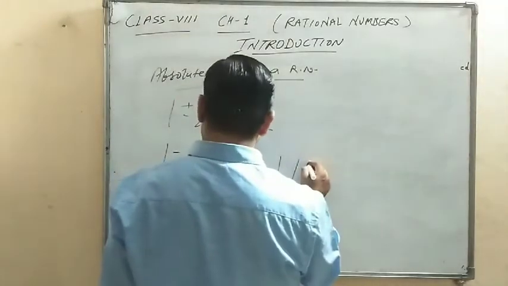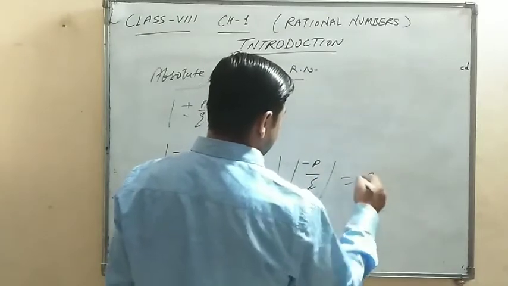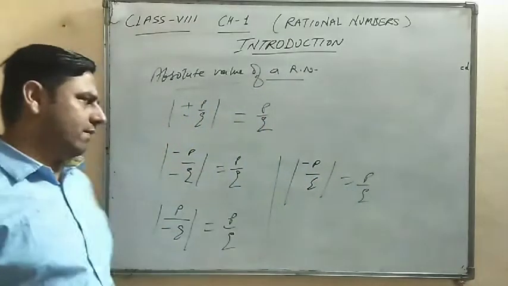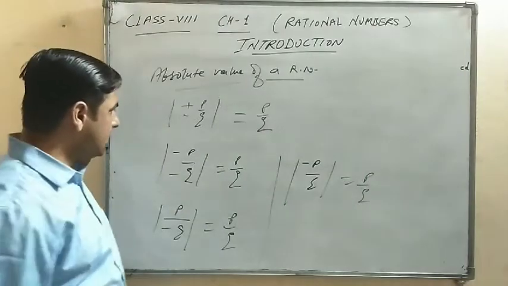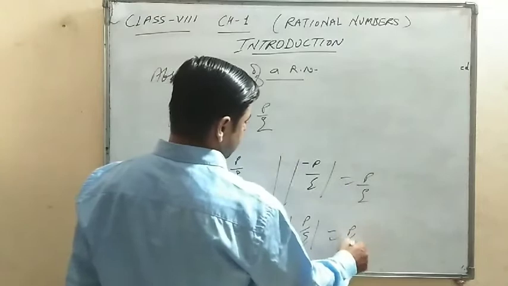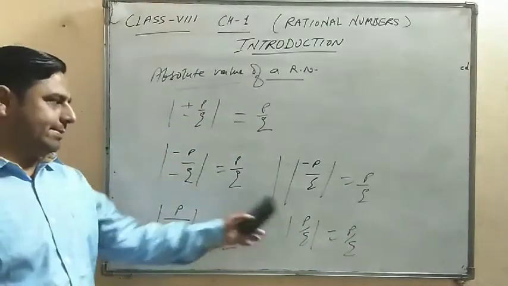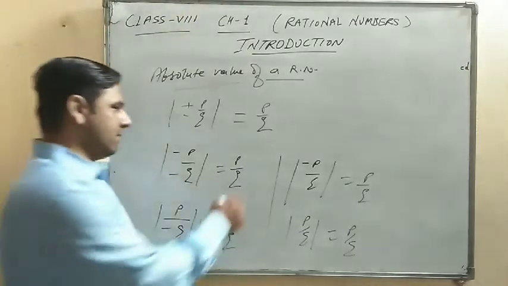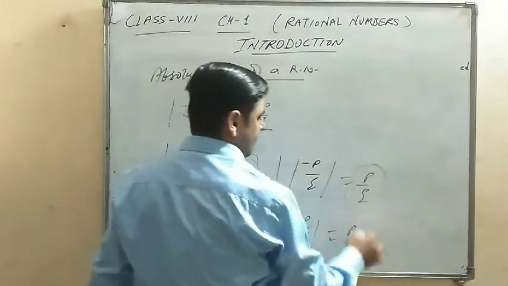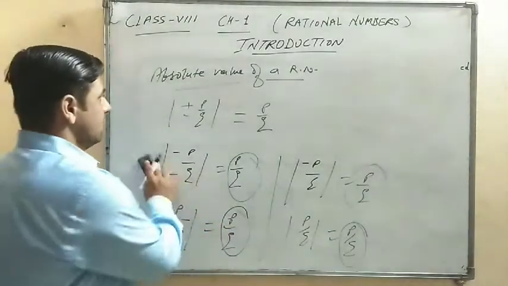If p is negative and q is positive, the result is positive, and if both numbers are positive, the result is also positive. There are 4 types, but the result remains the same: p by q in positive form always.